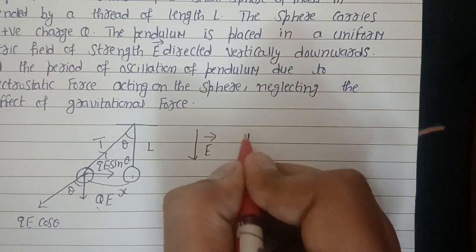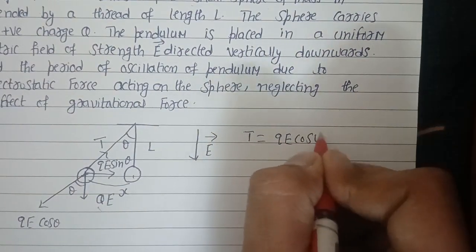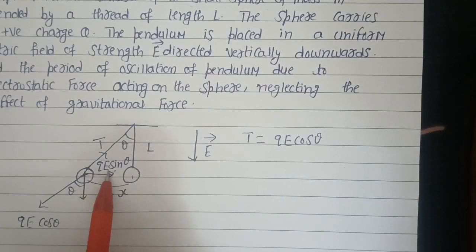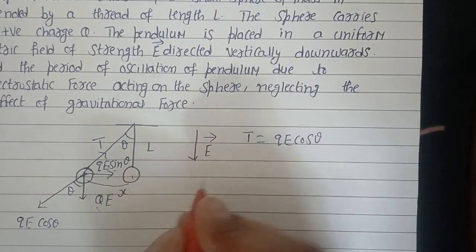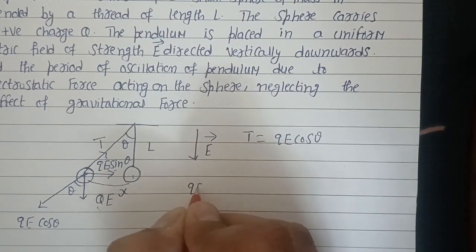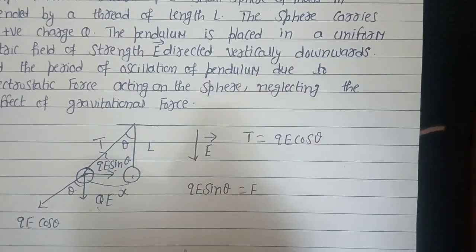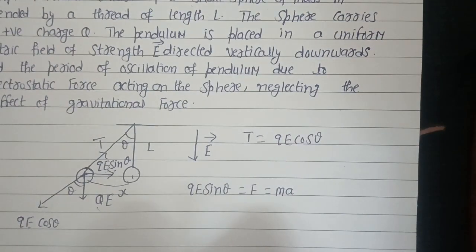This QE cos theta is balanced by the tension T. So the equation is T is equal to QE cos theta, and QE sin theta is responsible for the restoring force. So the equation becomes QE sin theta is equal to F, and F is equal to m into a, mass into acceleration.